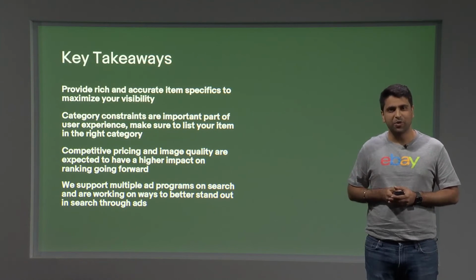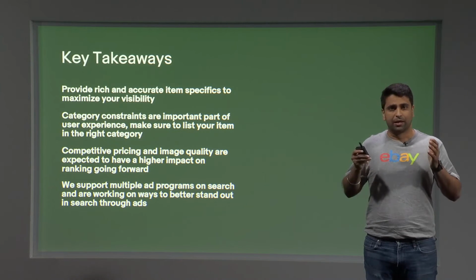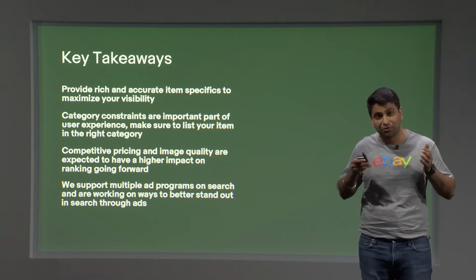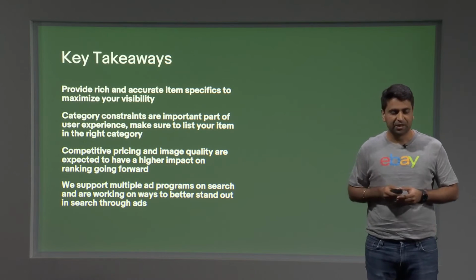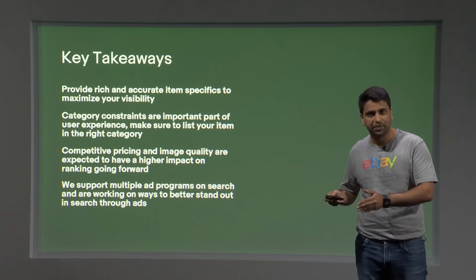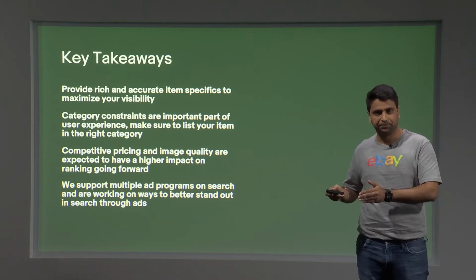Finally, a few key takeaways from what Amit mentioned and I mentioned. There are a lot of tools that you can use to improve your visibility on search. Ensure that you provide rich and accurate item specifics. Be very careful which category your item lies in.